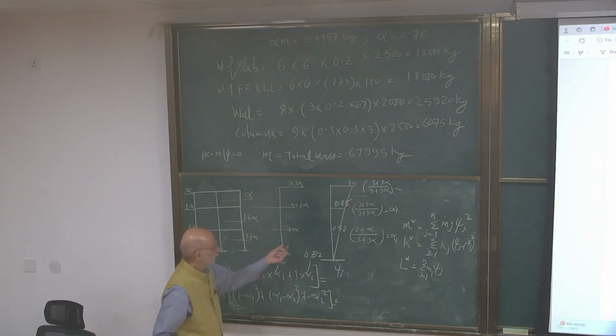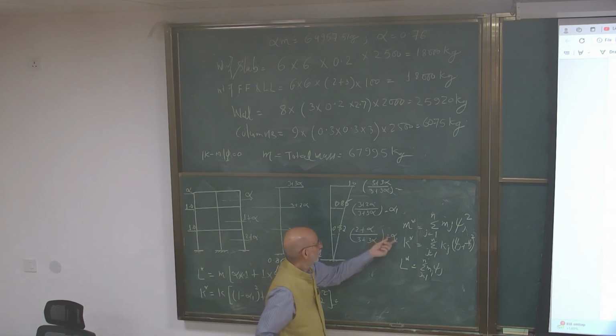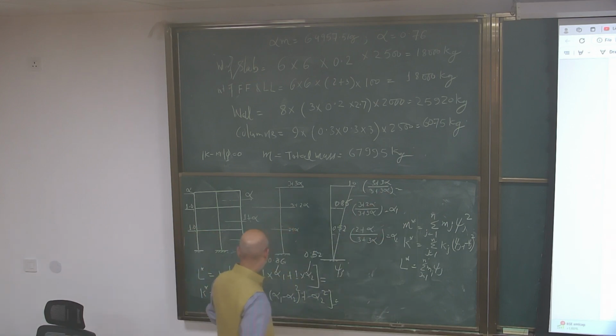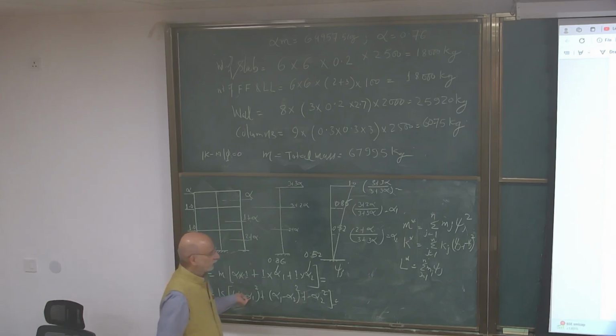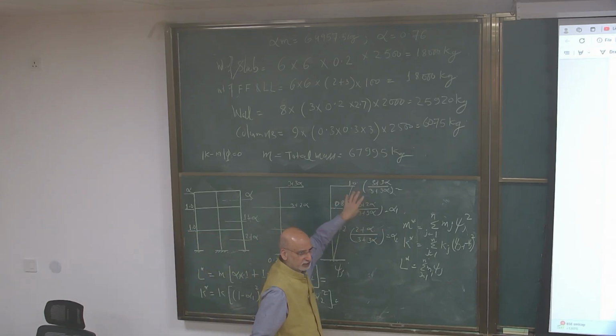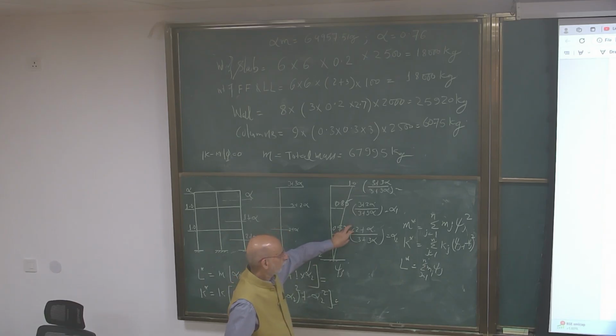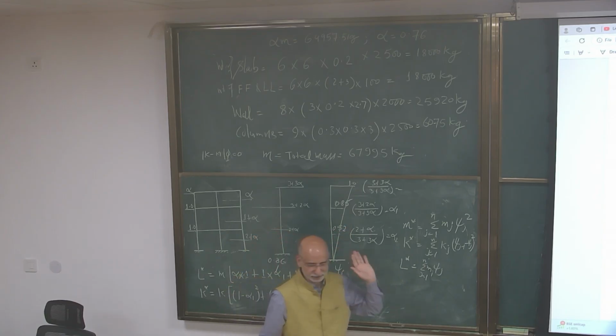So this is, I said it's alpha 1, alpha 2, this is 1. Okay? So because stiffness comes only when there are relative deformations. So this minus this will give the effective stiffness, and K corresponds to that one. So each floor K is the same.